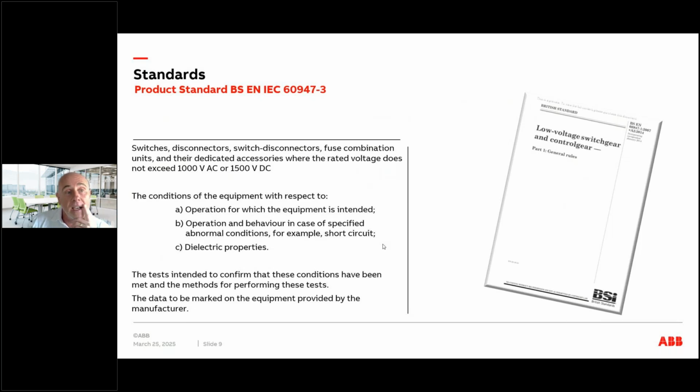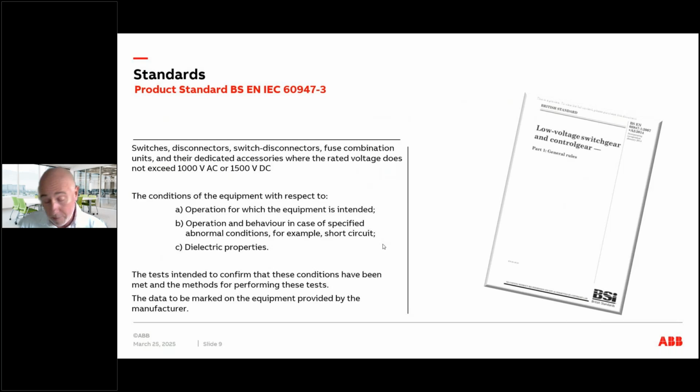So an example of that is the product standards. In this case, it's the 60947 part 3 for switches and disconnectors, fuse combination units and accessories, again in compliance with 1000 volts AC or 1500 volts DC. So this basically ensures that when a manufacturer or an assembler is designing switching equipment, the devices themselves comply to the relevant product standards.